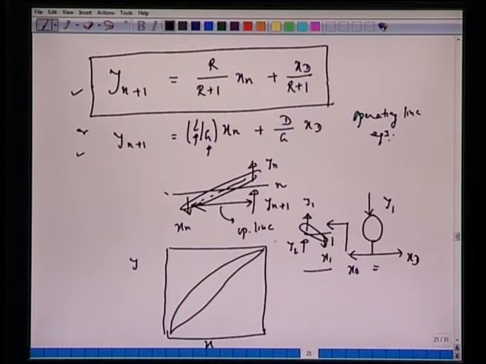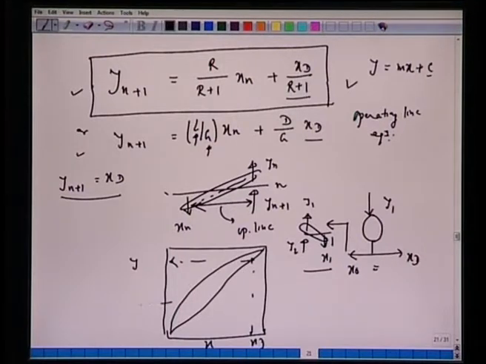Now let's see what we do on this xy diagram. If we start with x_d, we are supposed to draw this operating line. Now if we put x_d in this equation, we can show that y_{n+1} will also be equal to x_d. That means this point of x_d on the 45-degree line will satisfy this operating line. It's the equation of a straight line, y equals mx plus c, so c is the intercept.